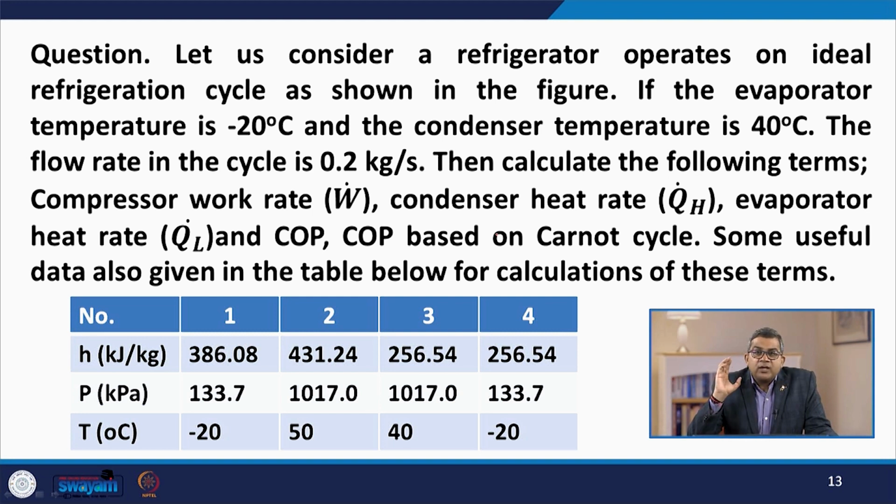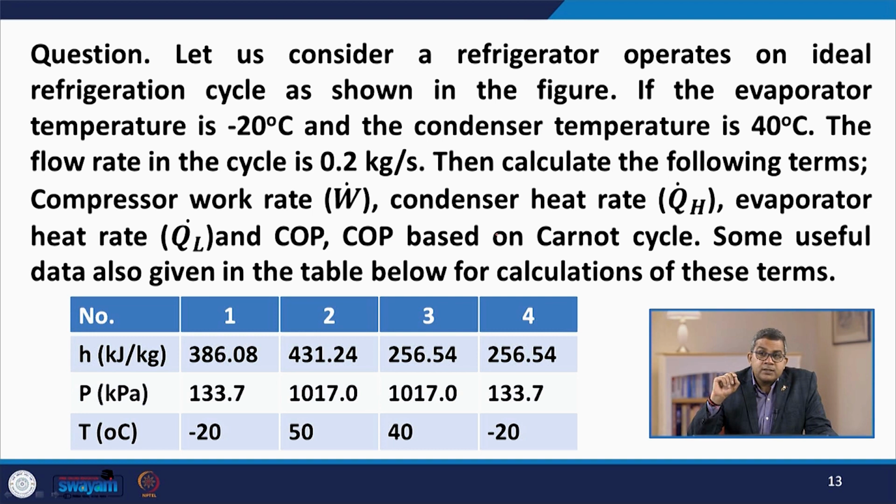You need to calculate the compressor work rate, that is W, the condenser heat rate, that is QH, the evaporator heat rate, that is QL, and the coefficient of performance. Also, the COP based on the Carnot cycle needs to be addressed.